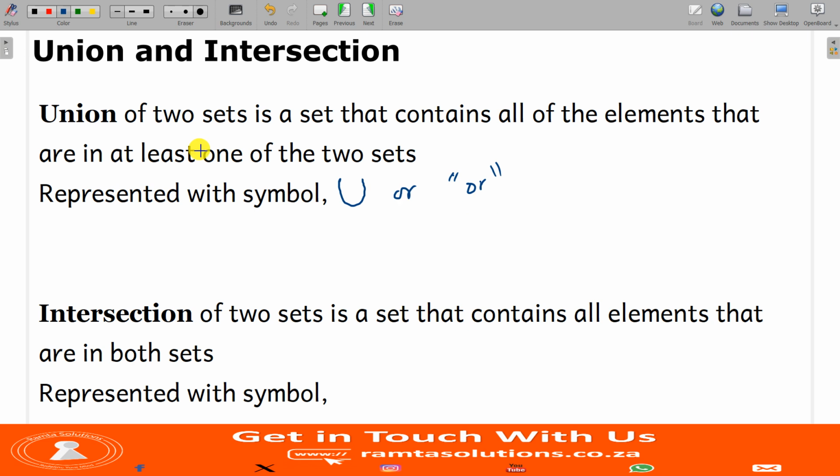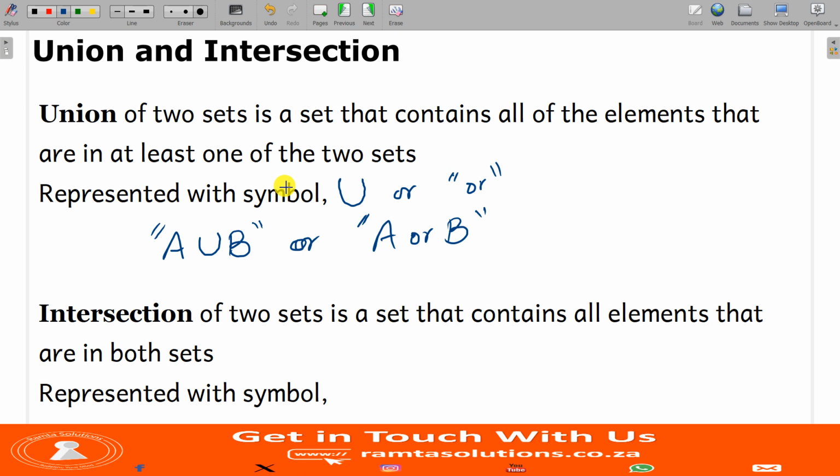So a union of two events is represented by, for example, A union B, A cup B, or A or B. Let me put them in quotation marks so I can differentiate between them. This is how we represent a union. You're going to see examples shortly.